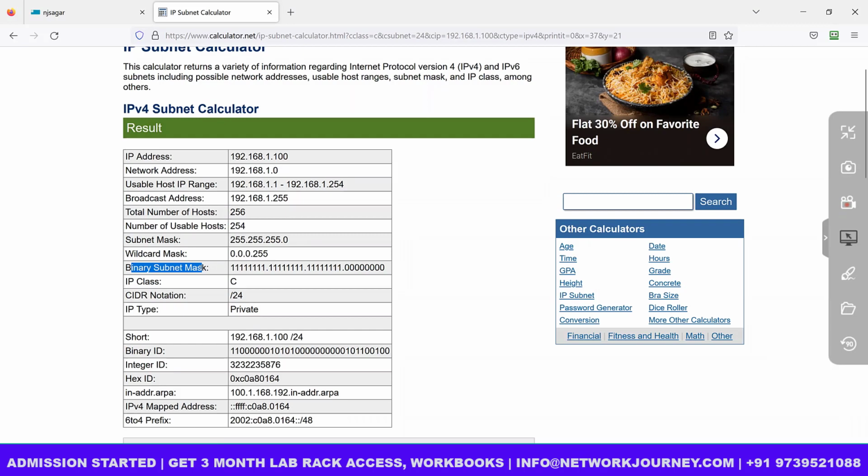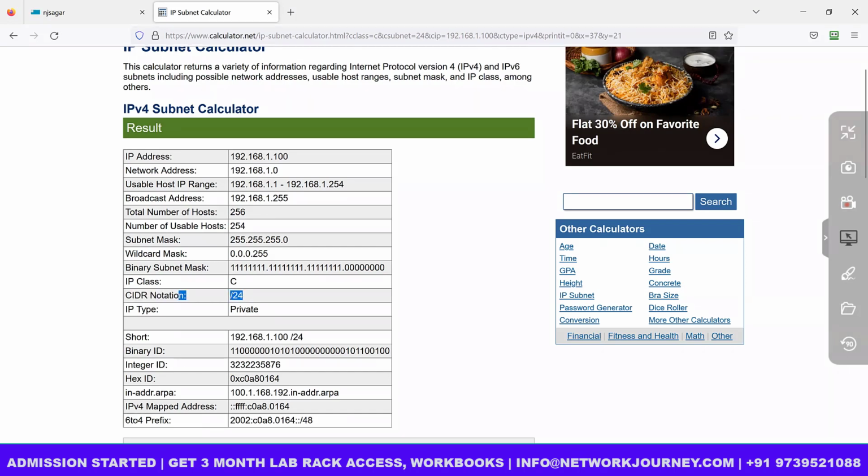And then you have the binary subnet mask, which is nothing but if you expand it in terms of ones, this is what you get. Okay. IP range is class C. Yes, it is class C. CIDR is nothing but classless notation.